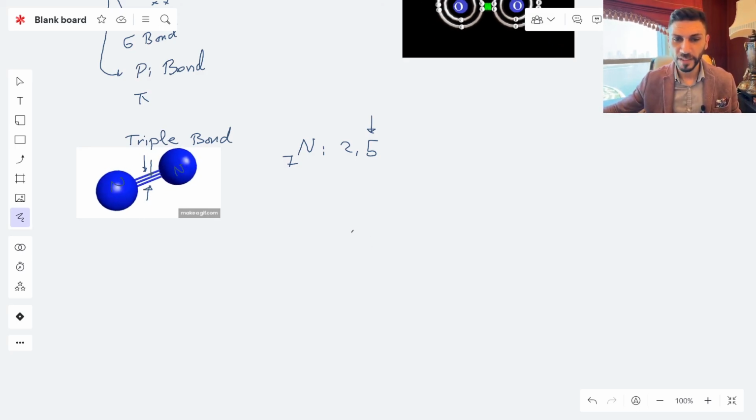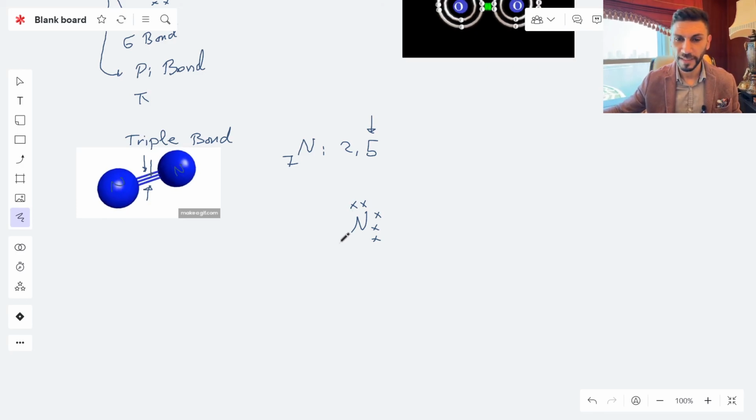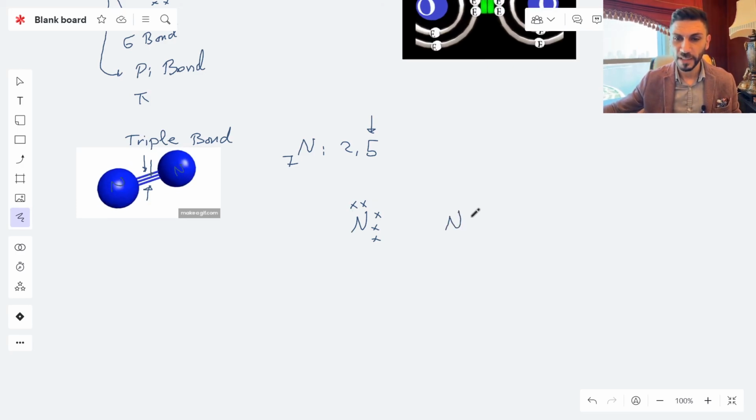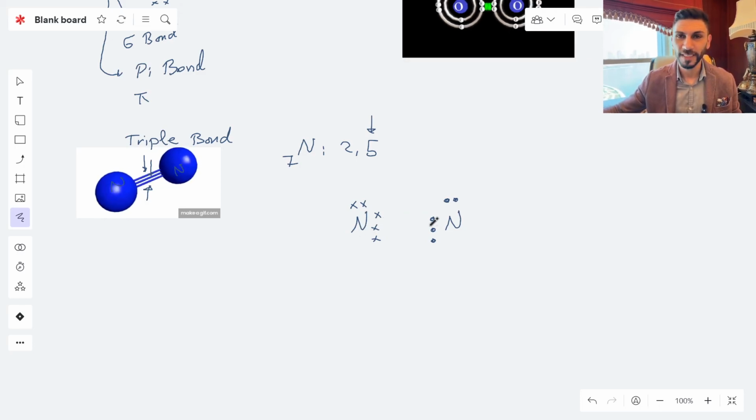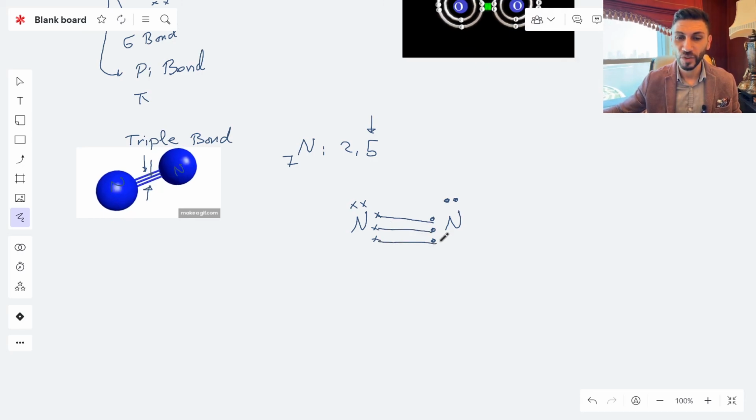If I have this nitrogen, and I'm going to write the electron dot structure for this nitrogen, so we will have 5 valence electrons. If I have the second nitrogen atom, which also has 5 valence electrons, both of them will share 3 electrons, and we will have the triple bond in this case.